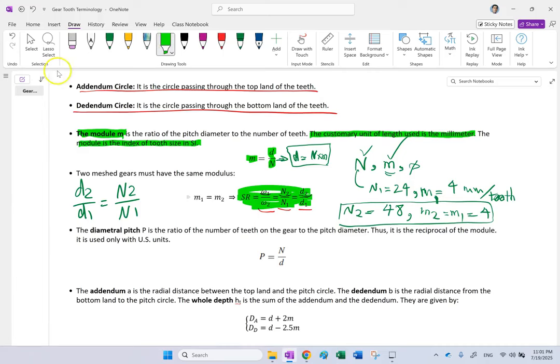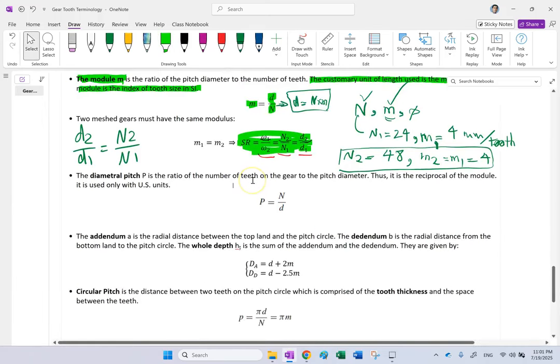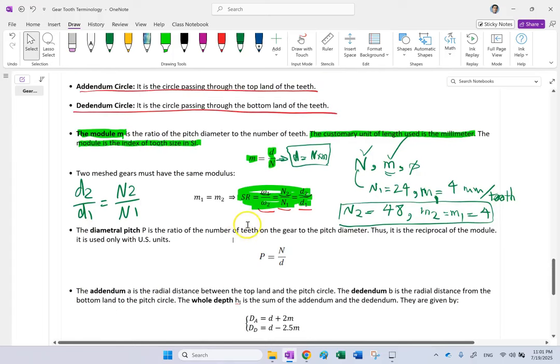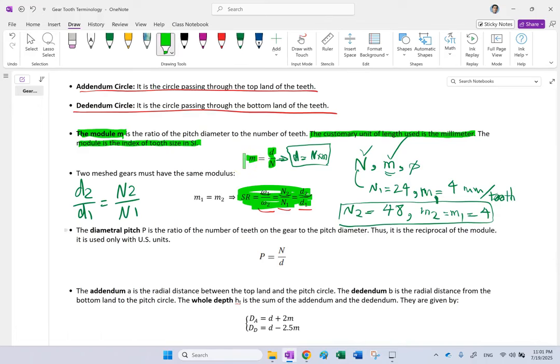Okay, good. What else do we have? The next few things that we need to add is the diametral pitch. Diametral pitch is kind of the same thing as gear modulus, but this is for the US system as opposed to SI system. In US system, when you want to identify a gear, instead of giving the modulus of the gear, you give the reciprocal of that, which is N over D. So instead of D over N, you give P, which is N over D, and you call that diametral pitch.